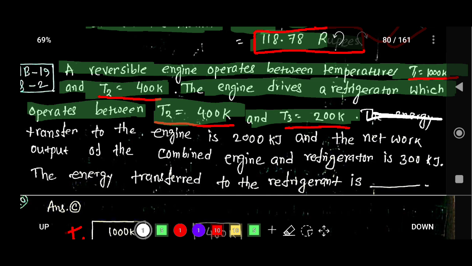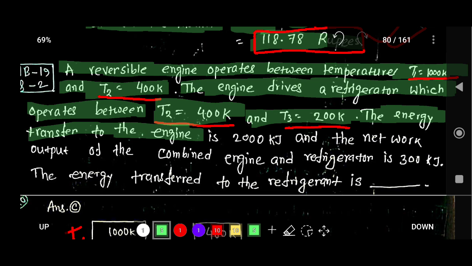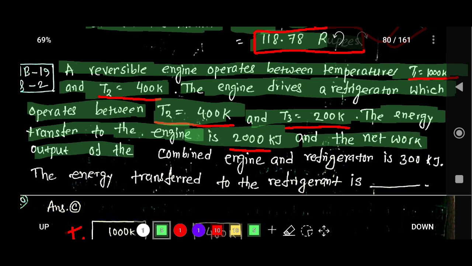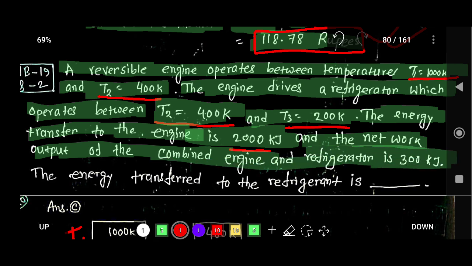The energy transfer to the engine is 200 kilojoule, and the net work output of the combined engine and refrigerator is 300 kilojoule.